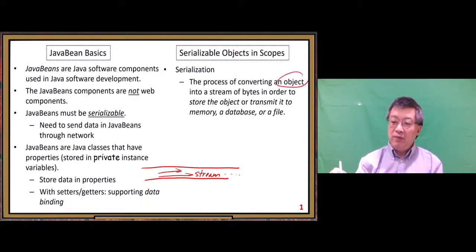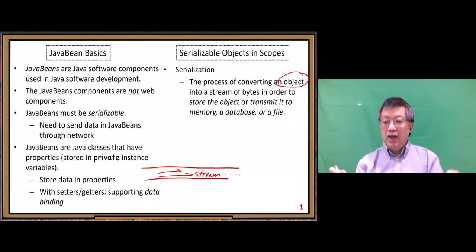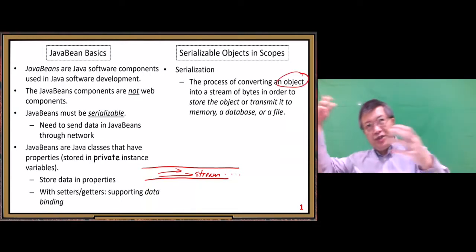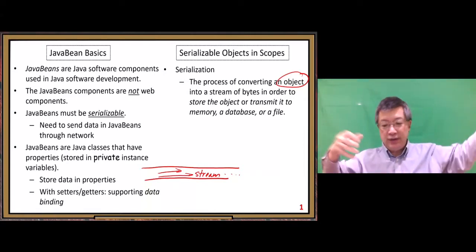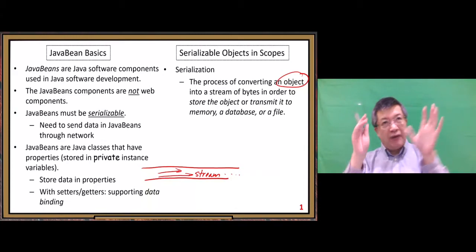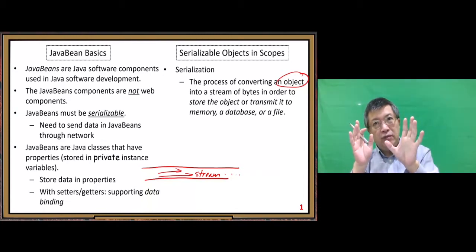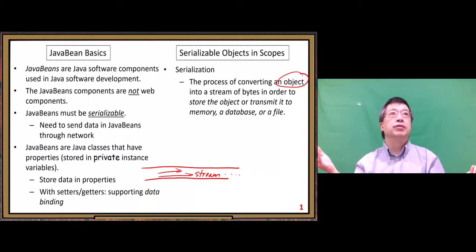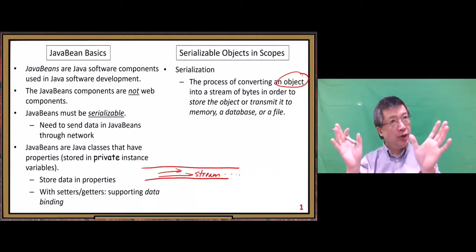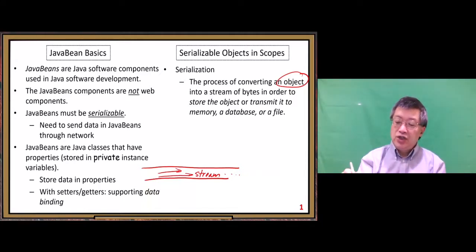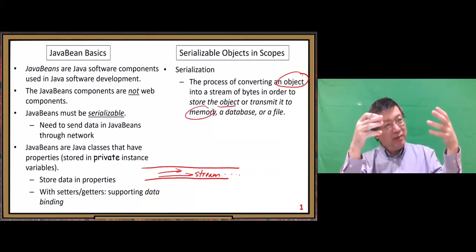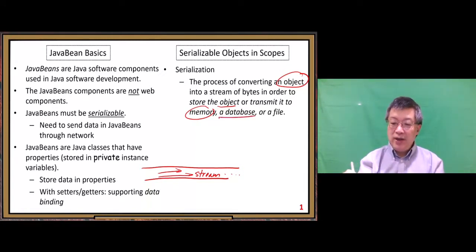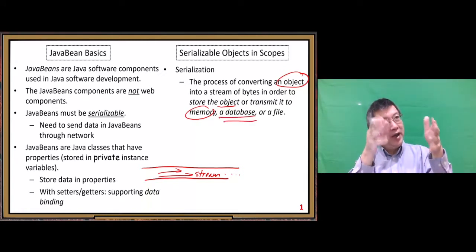So the object, then the receiver side and sending side, two ways. After you receive it, where do you store it? You need to put it somewhere, right? You can store the object or transmit it to main memory. Sometimes you use it in memory. Sometimes you may want to store it in a database.